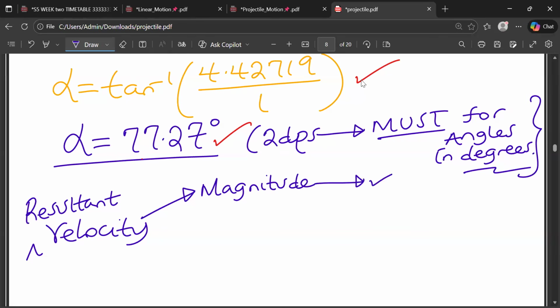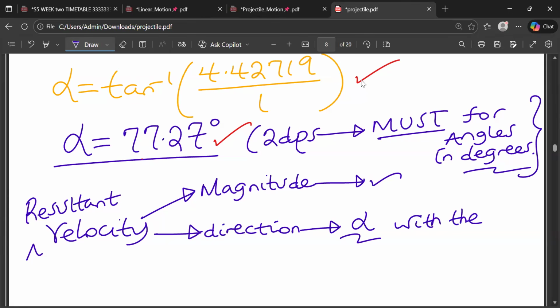You mention it, then you also tell us the direction. You tell us that it is at an angle alpha with the horizontal. Like that, with the horizontal.